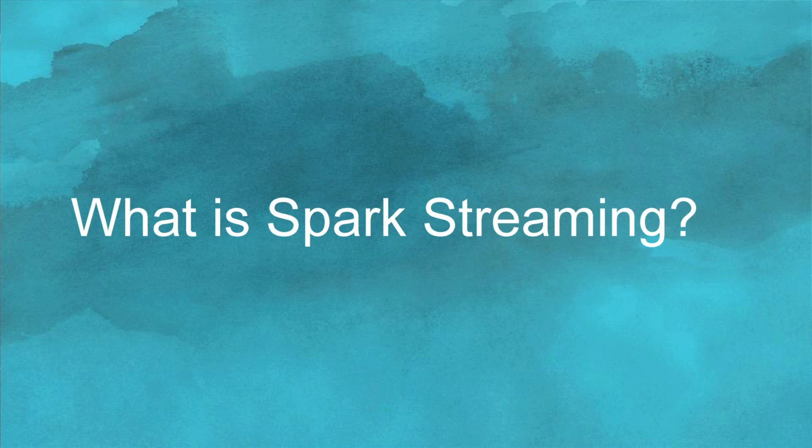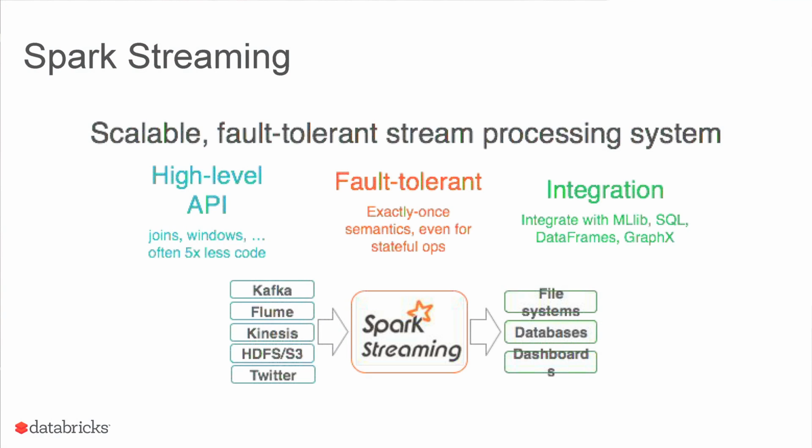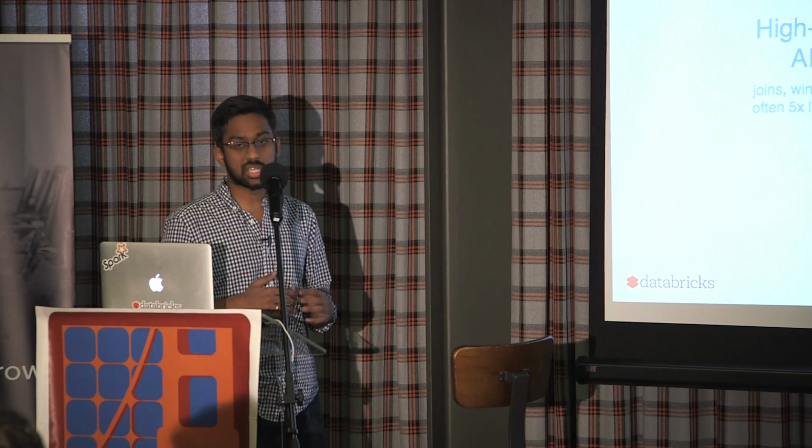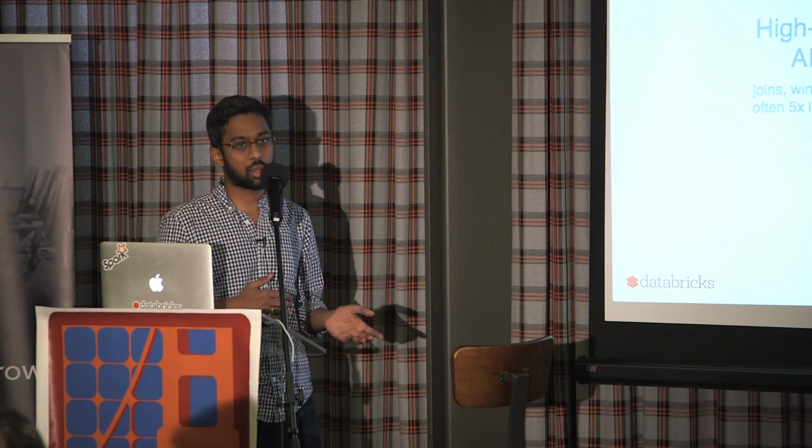So what is Spark streaming? Spark streaming provides a high-level API on top of Spark's RDDs to do joins and window-based aggregations. It has a similar interface to RDDs. It follows the functional programming paradigm, and it guarantees exactly-once semantics even for stateful operations.